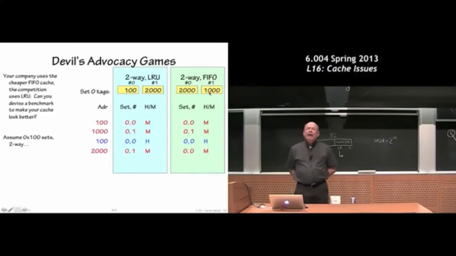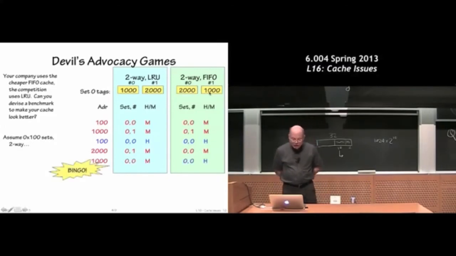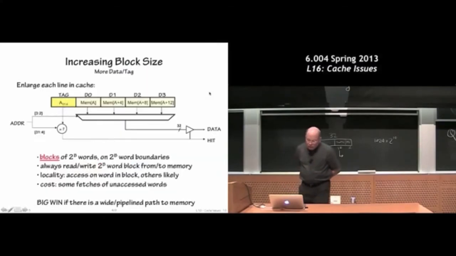And now I can make whichever one of these I want to win simply by asking for the location that the other one doesn't have. You get the strategy for proving one cache not as good as another. What I'm trying to point out here is that there is no one winning strategy except usually size. If you don't change the architecture but make it bigger, typically it performs better. Other than that, I can always find ways in which one thing performs better than the other.